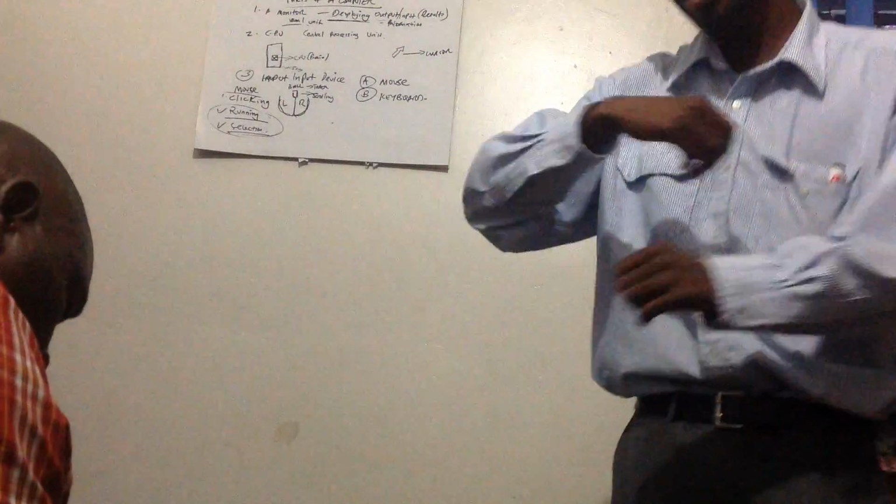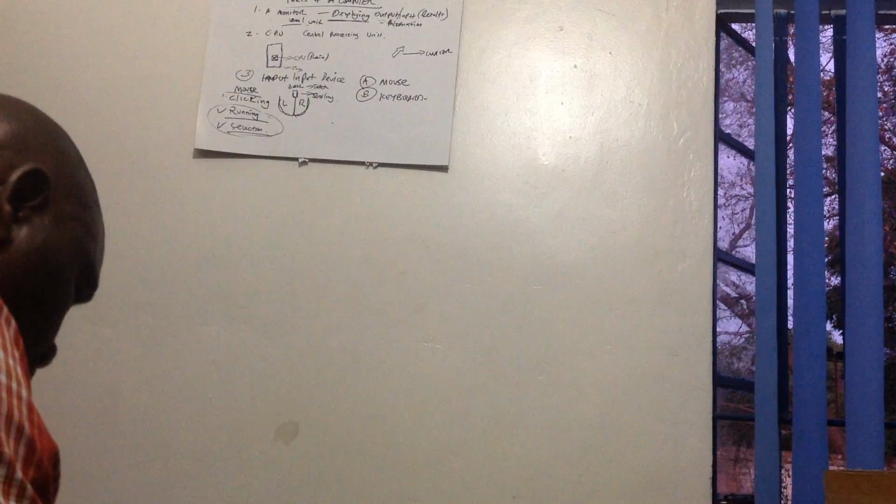Then there's a ball, the one you've seen, for scrolling. This one is used for selecting or clicking, or running. You can use either. As you click, you are either running or selecting, as I said. You can write that statement so that it gives you an understanding.